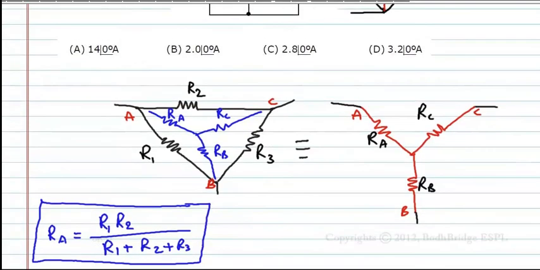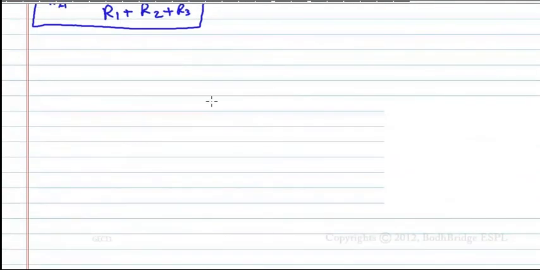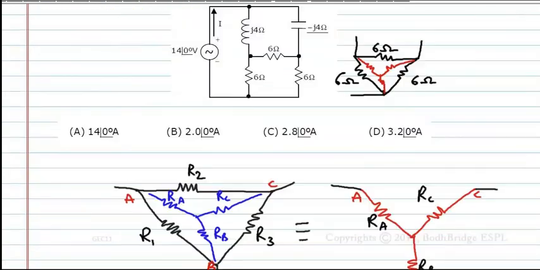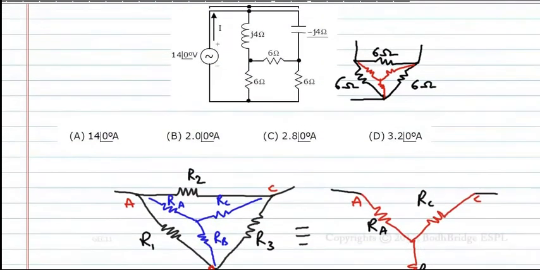Now let us solve this. In this circuit, let us redraw the circuit. It is given 14 angle 0, 4J and minus 4J, 4J, minus 4J. Now what I said, the three 6 ohm resistors were there.